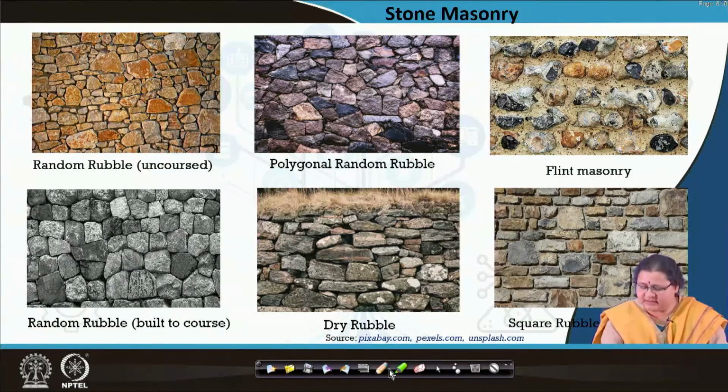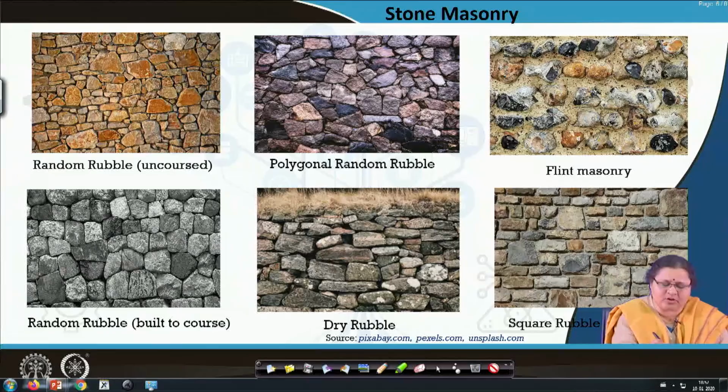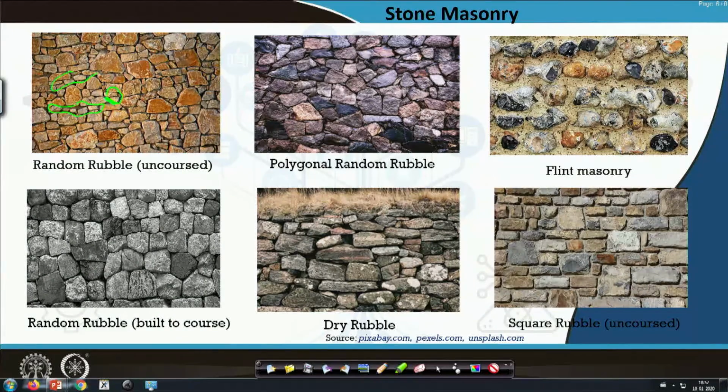You can see that a lot of small stones are arranged to fill in the gaps, whereas here they are more or less similar kind of size and selected. Here you see the small size stones are missing. It is all polygonals which have been arranged accordingly so that some of the faces match.